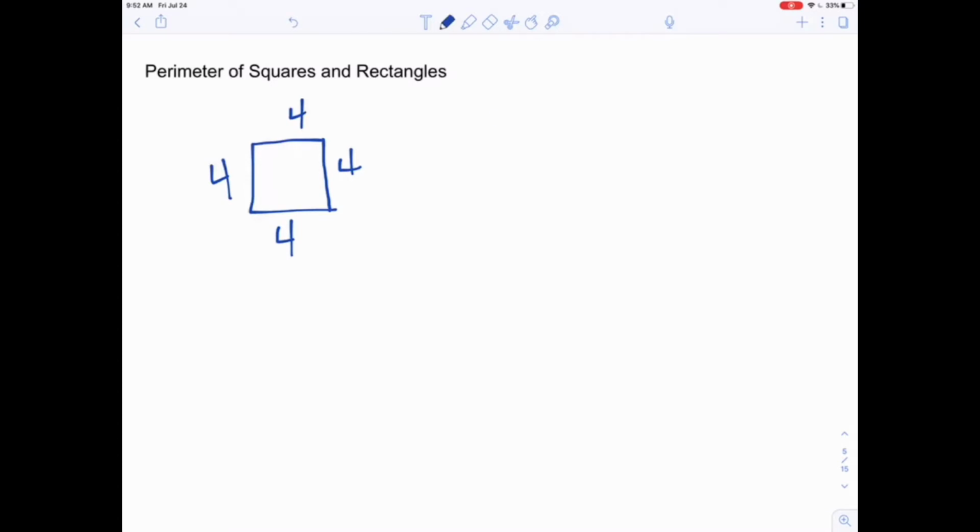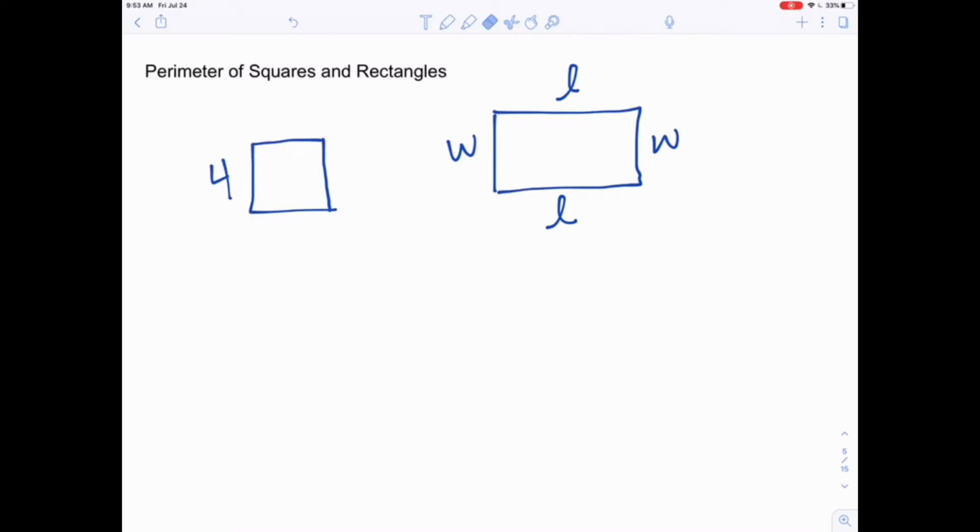And then when we have a rectangle, rectangles have two sides that are the same. Those are called the length. And another two sides that are the same, those are called the width. Okay? Let's call this side, side, side, and side.